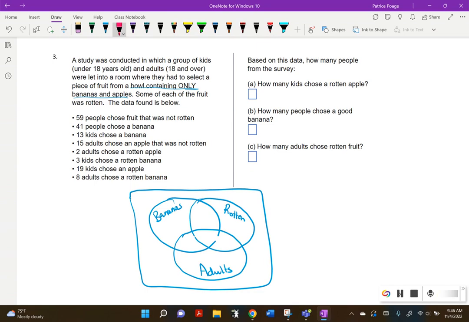15 adults. So we know they're in the adult circle. Chose an apple. So in this adult circle, we know they chose an apple. So it's not those 2 spots. It's these 2. And it was not rotten. So it can't be in that one. So we have 15 right here.